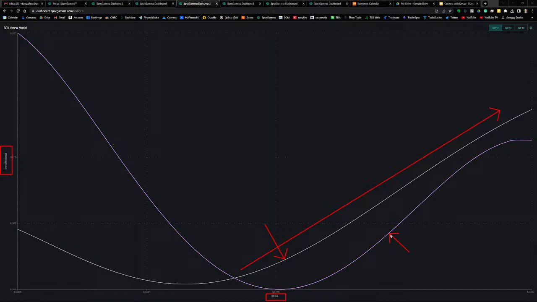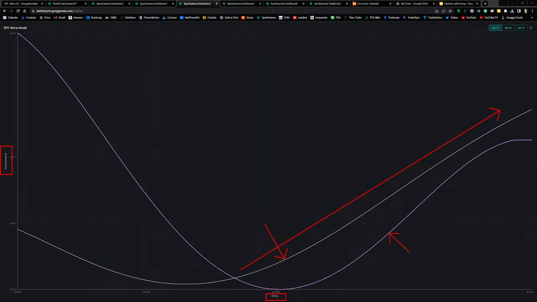Vanna is the change in delta with a change in implied volatility. So what this is showing is as price increases, there's not much of a Vanna tailwind. This pink curve is really not a lot different on the upside here than the delta-only light gray curve.